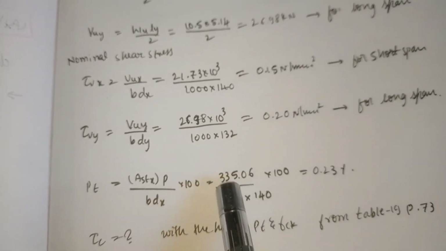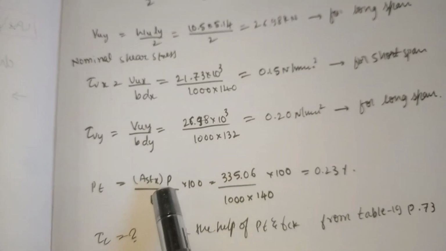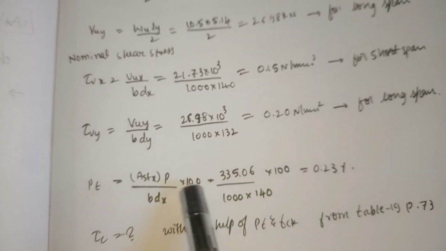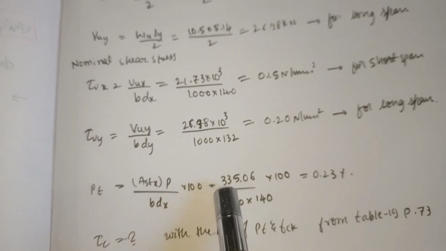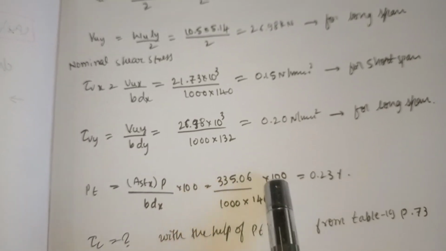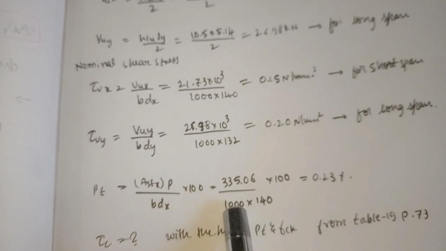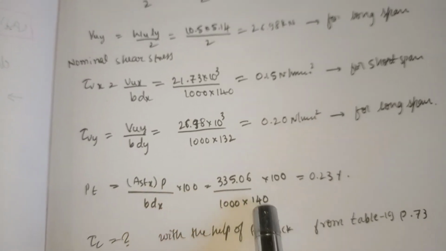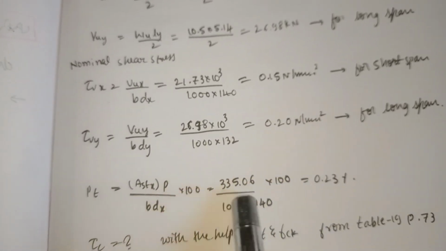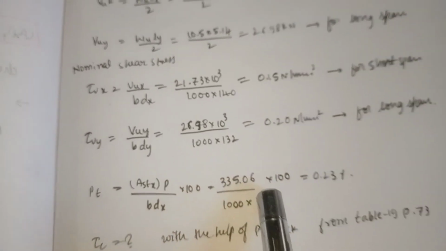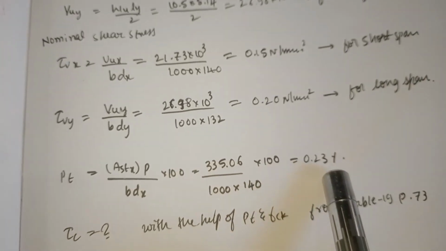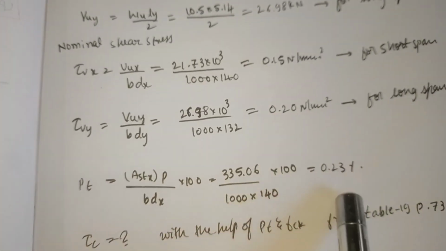So our AST provided for shorter span we got was 335.06 divided by b is 1000 and dx is 140 into 100. By simplifying, it will come out as 0.23%. This is the value of Pt.